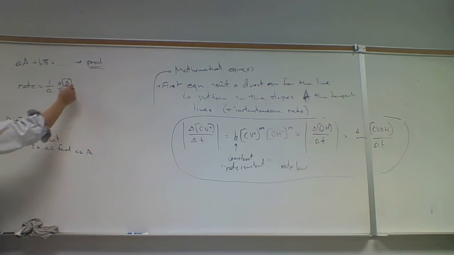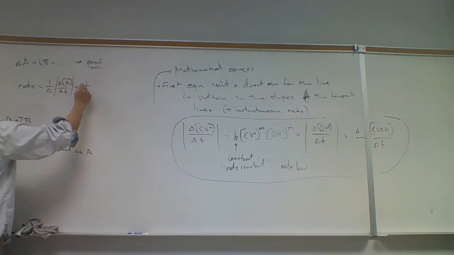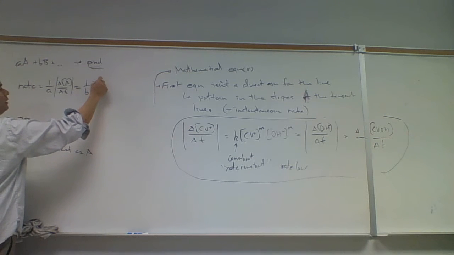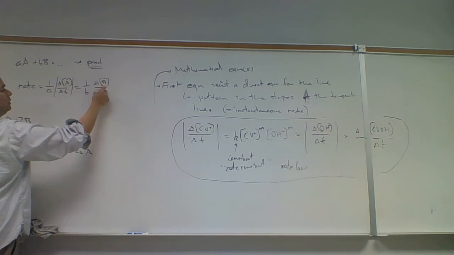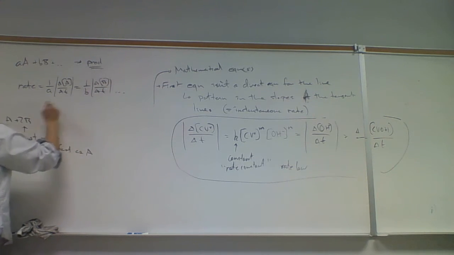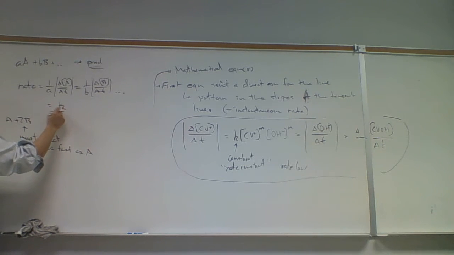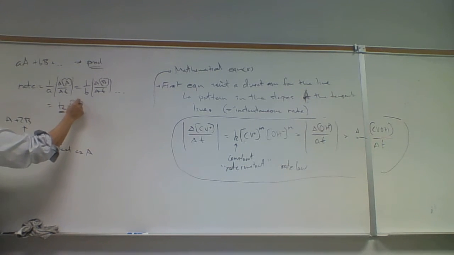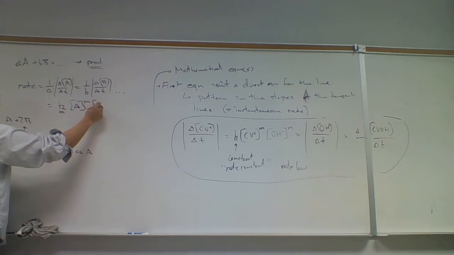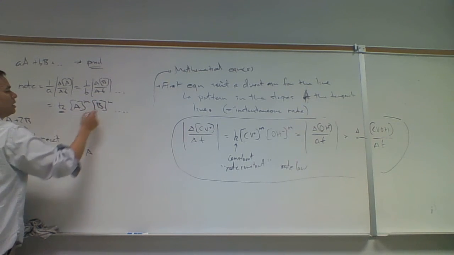So we do this, which is going to equal, this would be absolute value, 1 over b, delta B over delta t, etc. And this is going to equal k, the rate constant, times the concentration of A raised to the m power, concentration of B raised to the n power, dot, dot, dot.